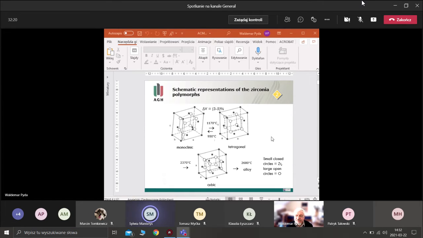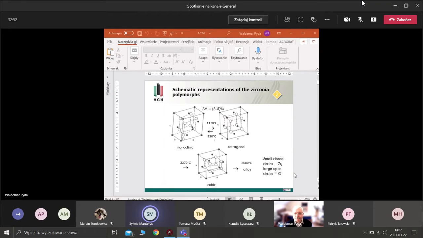So the cubic form is a high temperature phase, and the oxygens are tetrahedrally rotated by a 90-degree angle.